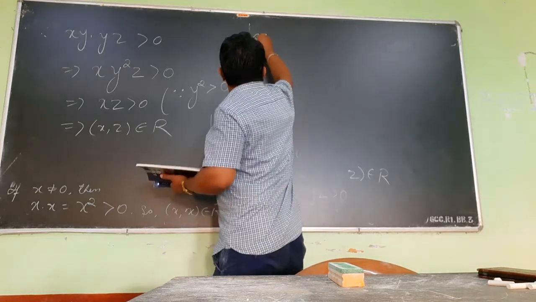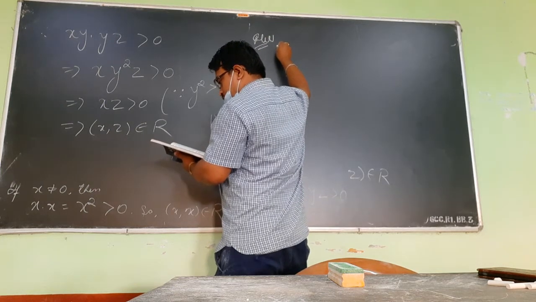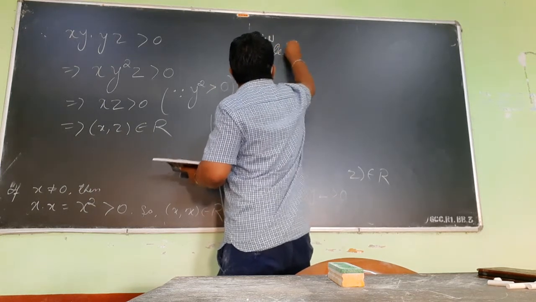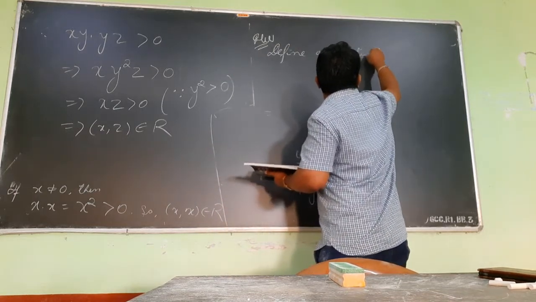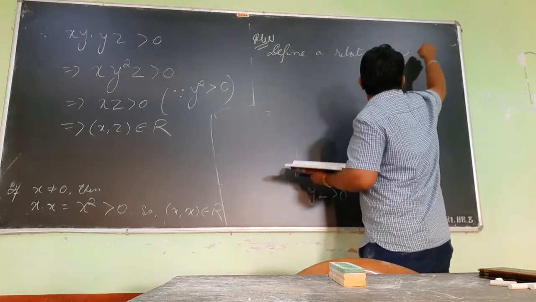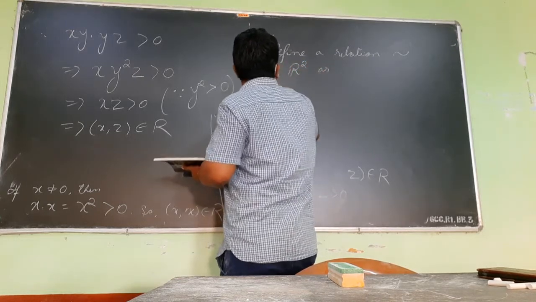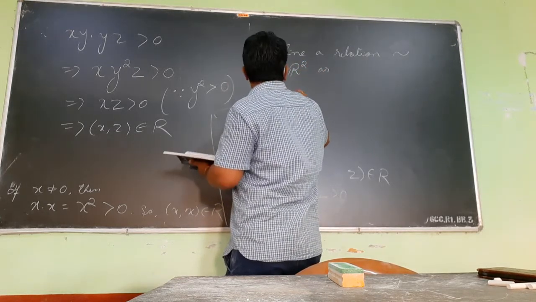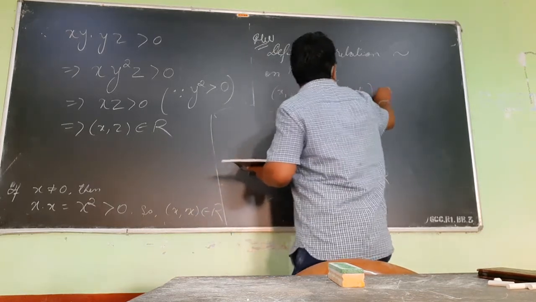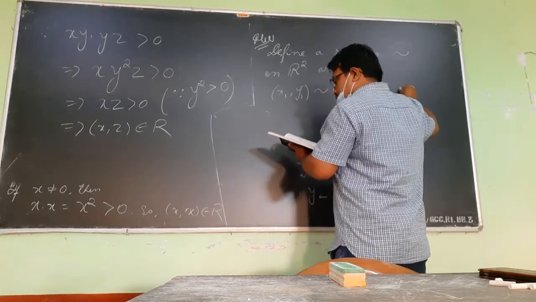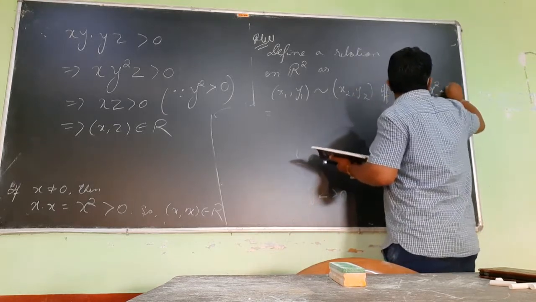Try this homework. Define a relation, similarity, on R squared as: (x1, y1) is related to (x2, y2) if x1 square plus y1 square is equal to x2 square plus y2 square.